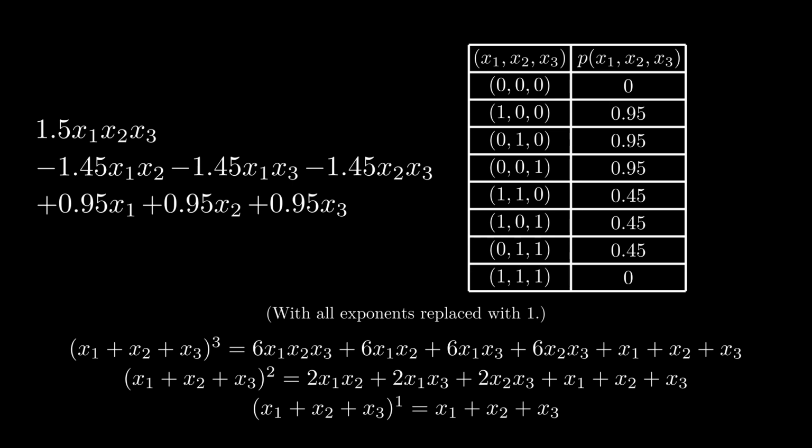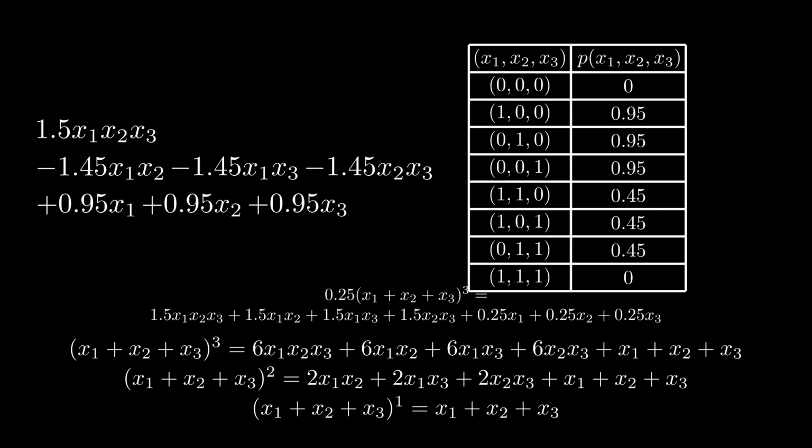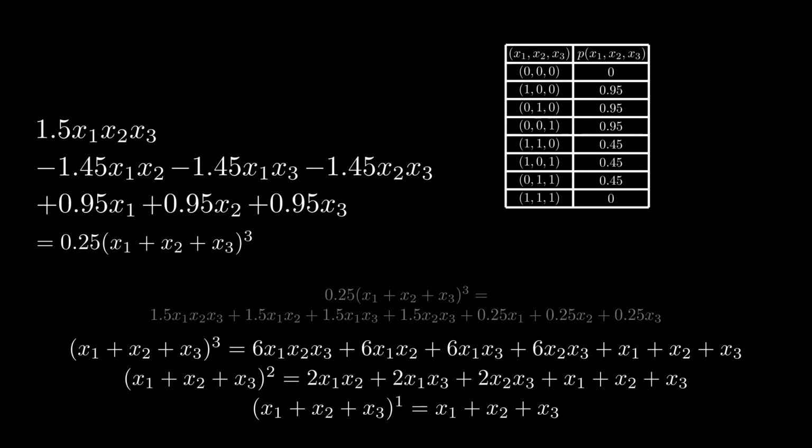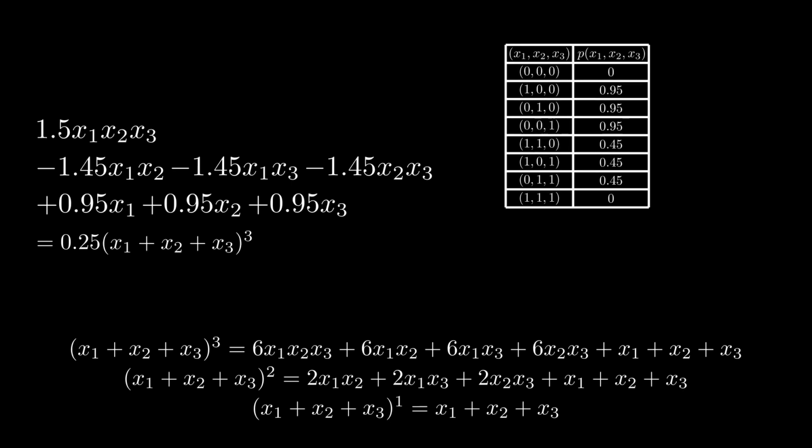So (x1 plus x2 plus x3) cubed divided by 4 would be as shown here. We've gotten the degree 3 term the same as P symmetric. To get the degree 2 term the same, we add an appropriate amount of (x1 plus x2 plus x3) squared. The coefficients of the linear term won't match, but we can add an appropriate amount of x1 plus x2 plus x3.